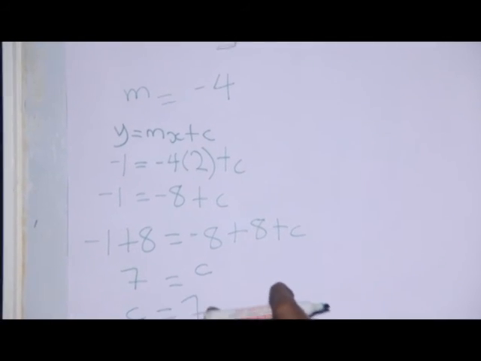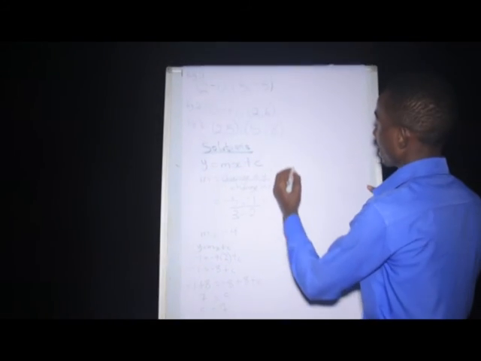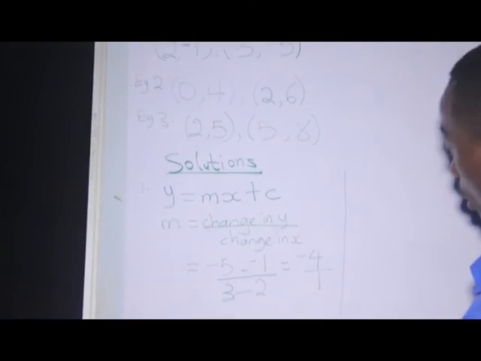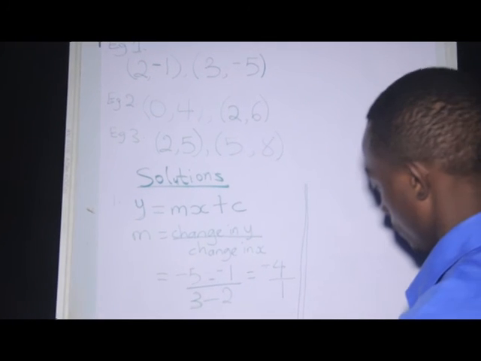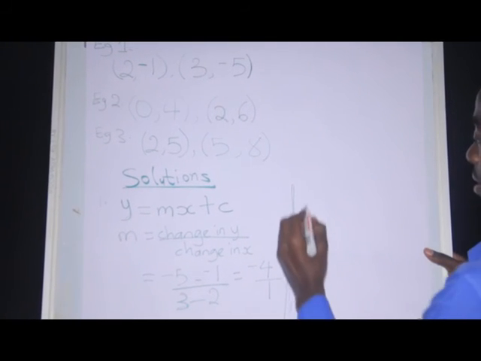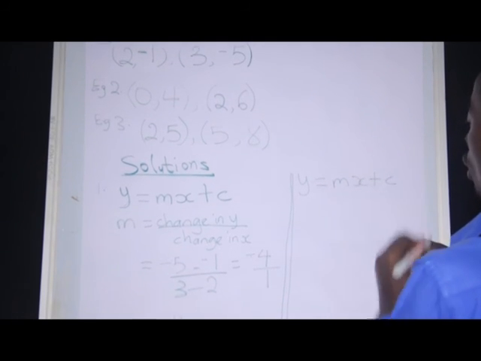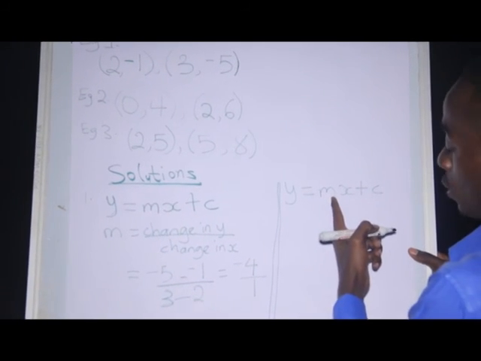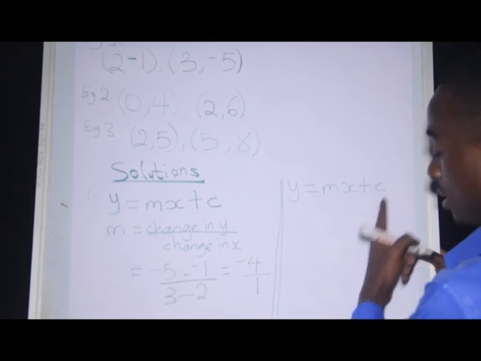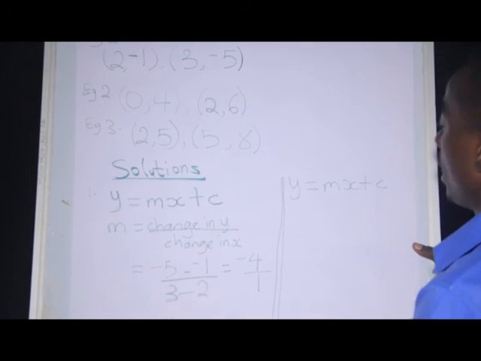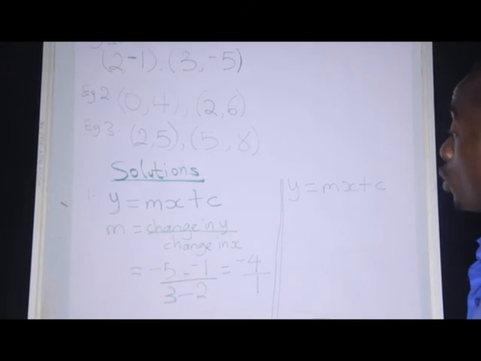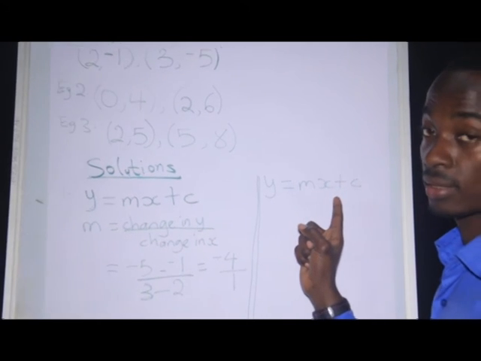Now that I have my c and I have my m, I come to the general formula, which is given as y is equal to mx plus c. So where my m is, I replace with -4. Where my c is, I replace with 7. Reminder, I do not substitute for y and x.